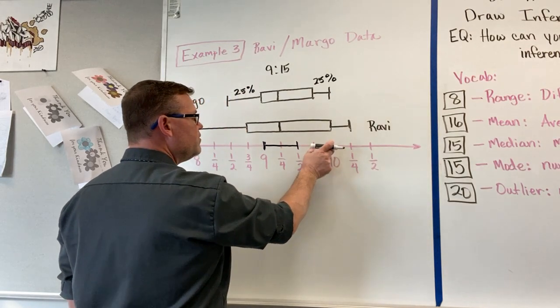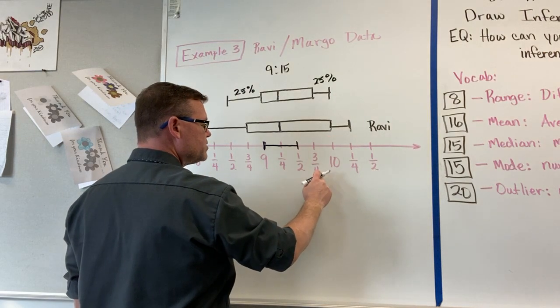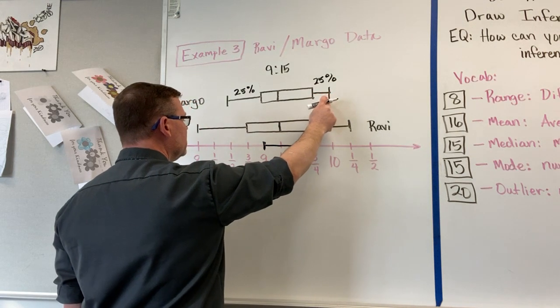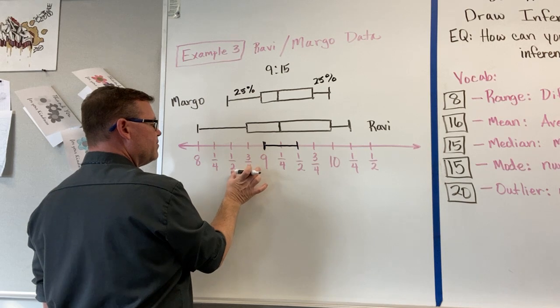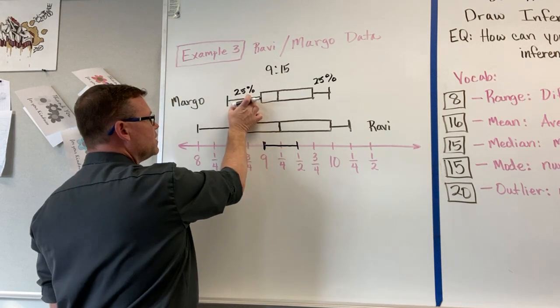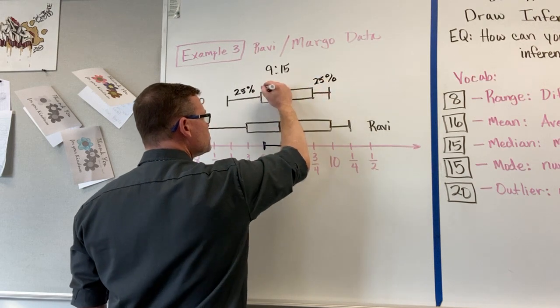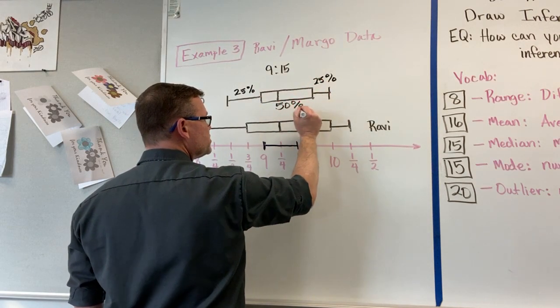Okay? 25% of the people were between 9 hours and 45 minutes and 10 hours. That's why this is here, 25%. Another 25%, the lowest 25%, was between 8.5 hours and 9 hours. That's another 25%. And then this portion, the box right here, represents 50% of the population, 50% of the students polled.